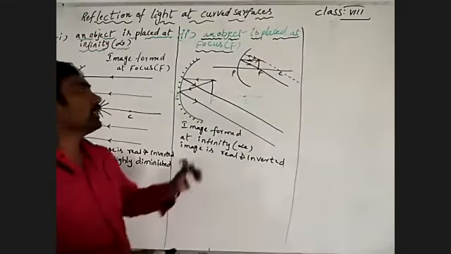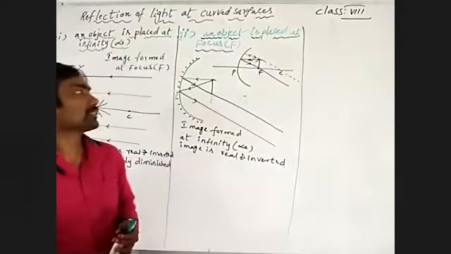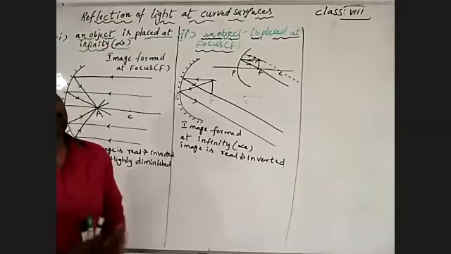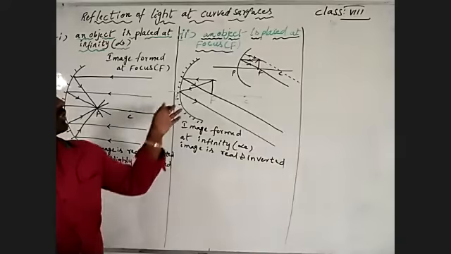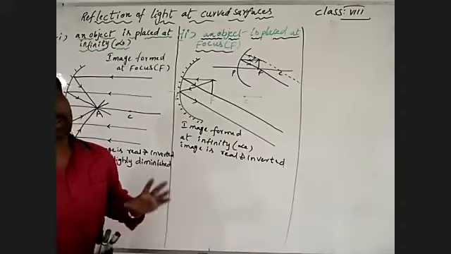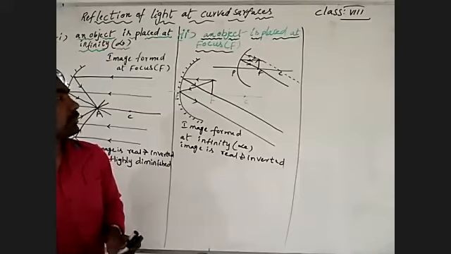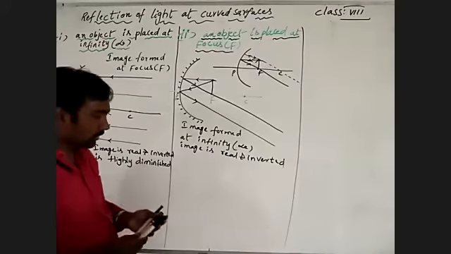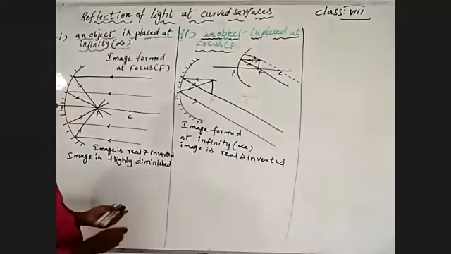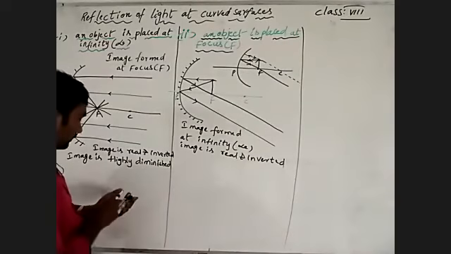They will meet somewhere, so the image will form at infinity. Those two drawings are applicable for this particular position. Understand how we are going to draw that? And now, one more.